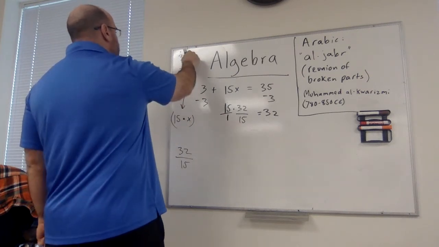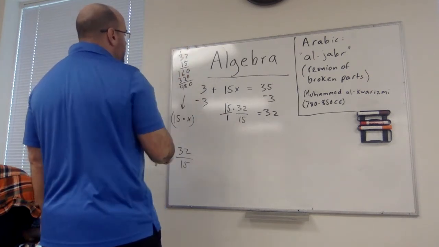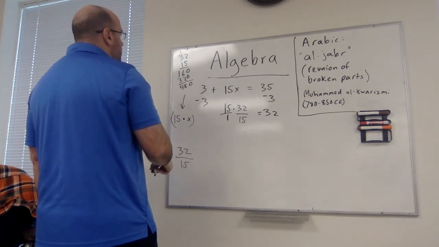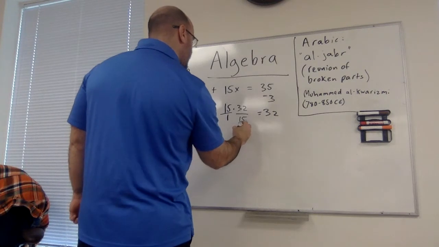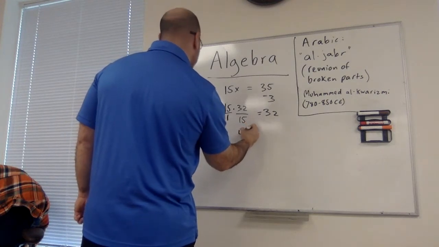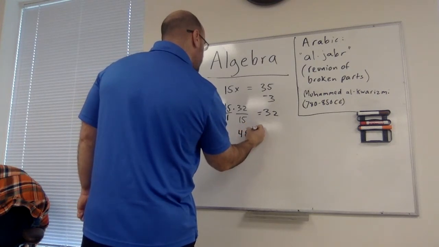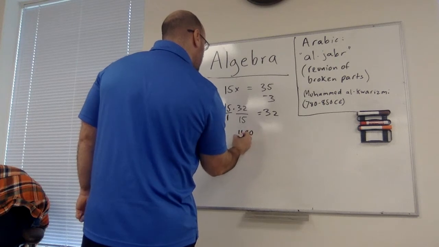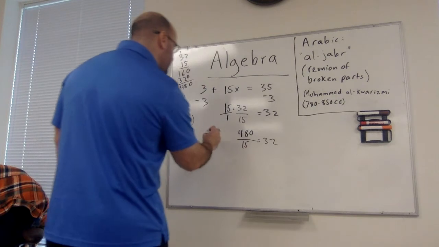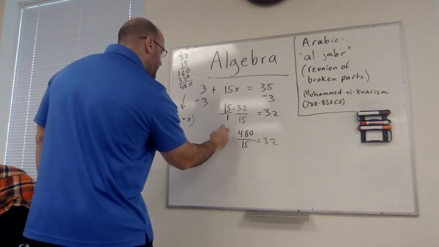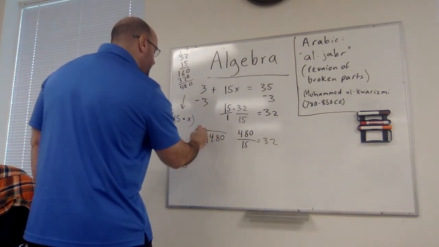Double check, 10, 15, 16 plus 160 plus 32. All right, so we get 480 over 15 equals 32. Let's do the division. Always divide the numerator by the denominator.